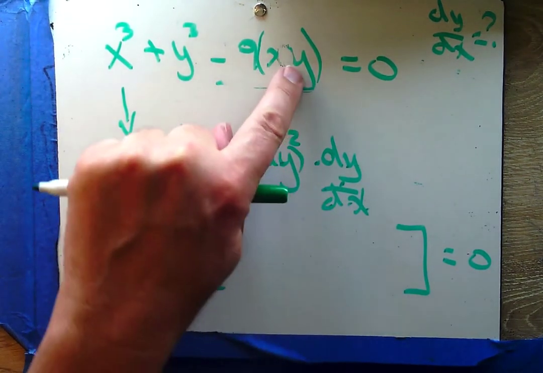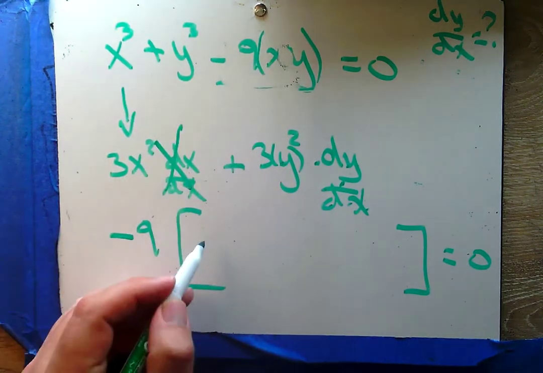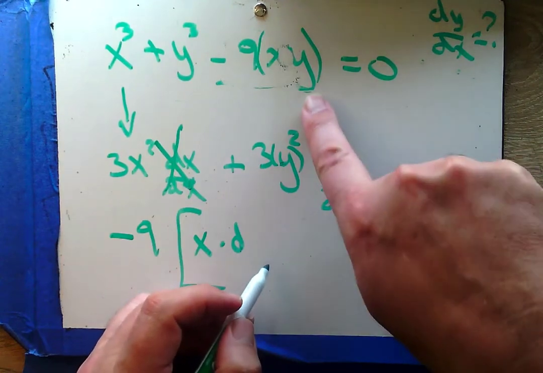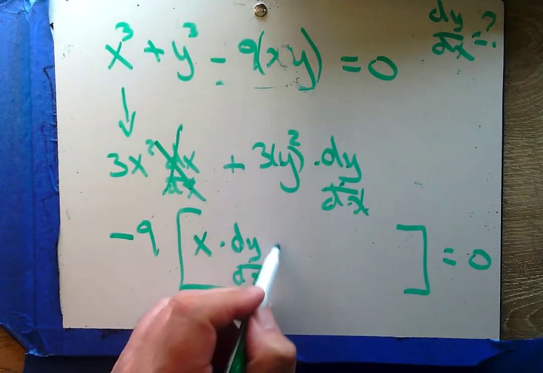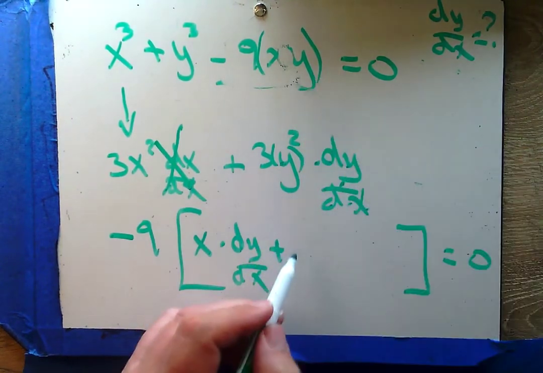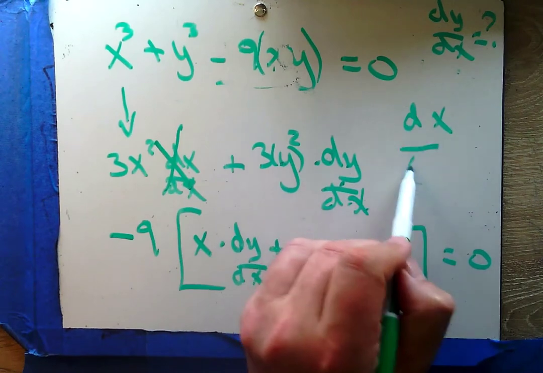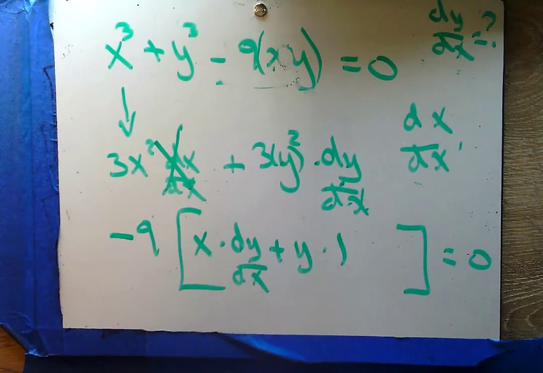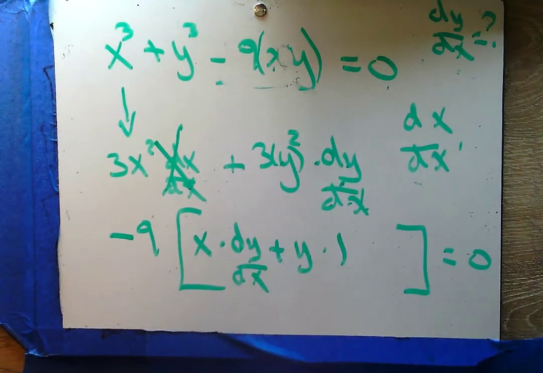This times the derivative of that with respect to x, plus that times the derivative of x with respect to x. Oh, well, that's just 1. And then on the other side, the derivative of 0 is 0.